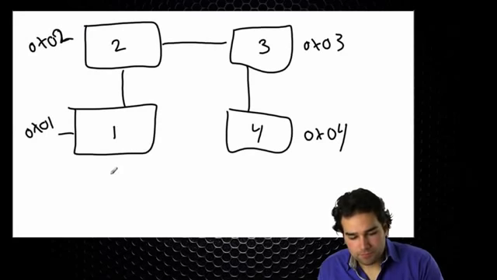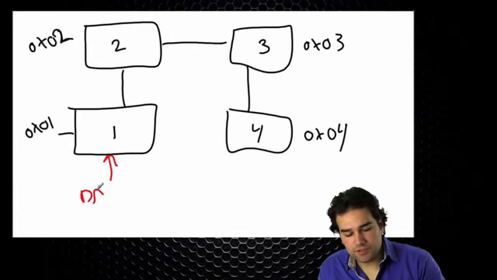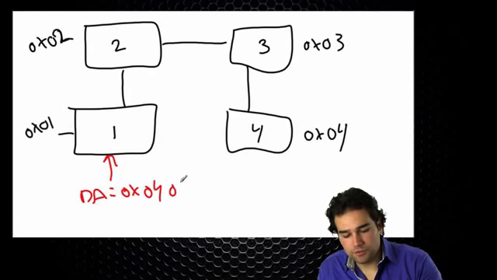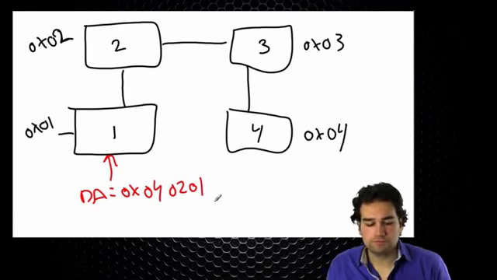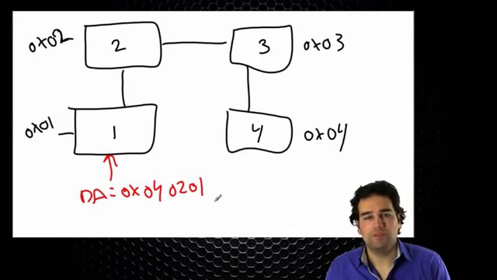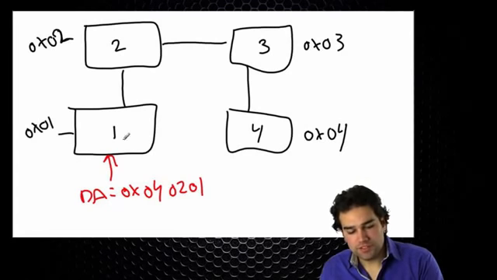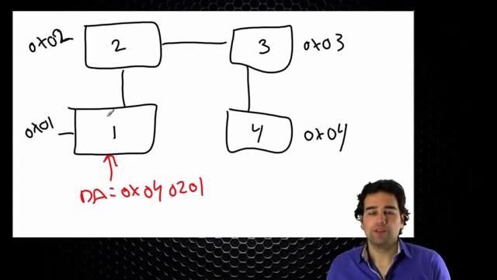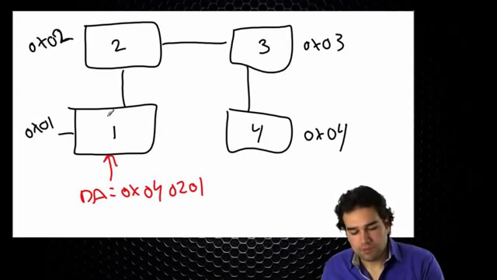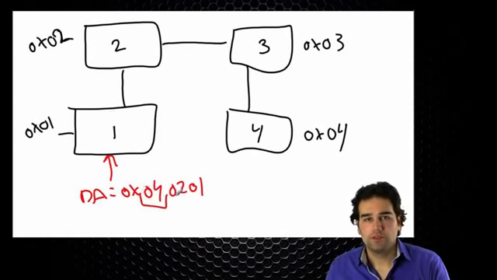What happens if I get a packet on one of my ports, and that packet has a destination address of 0x04 0201? So just a made up FCID. That is the destination address. This switch will take a look at the first portion of the FCID.